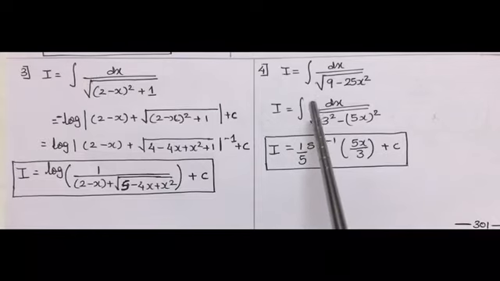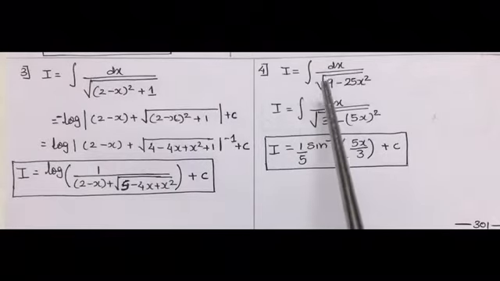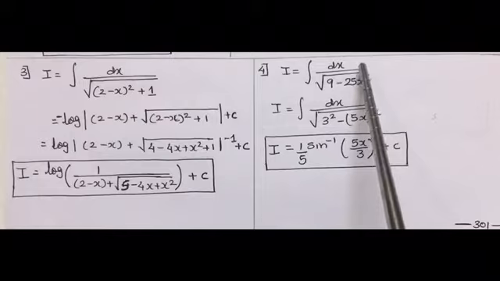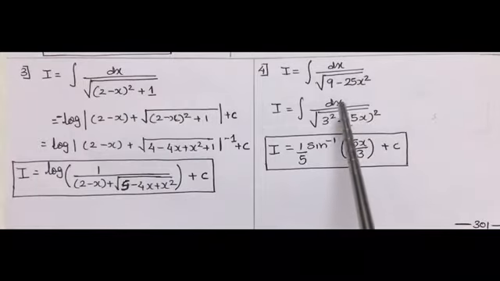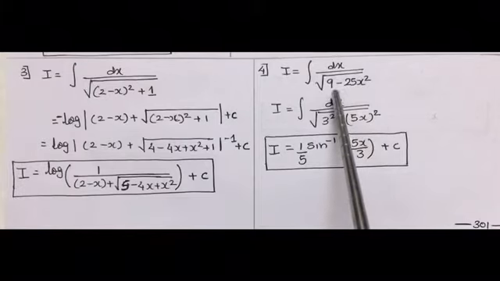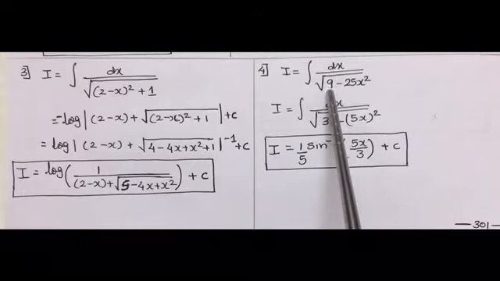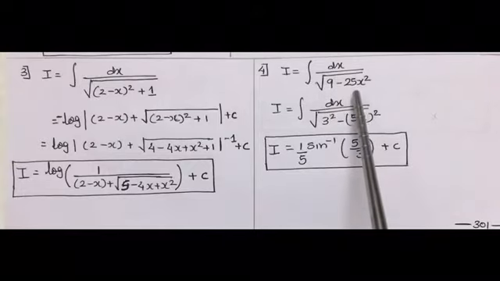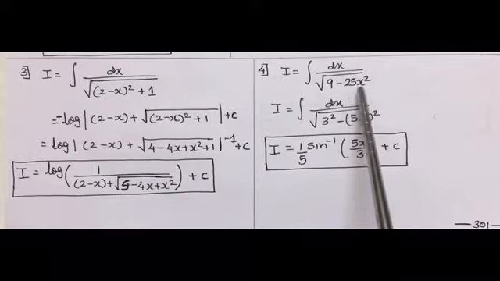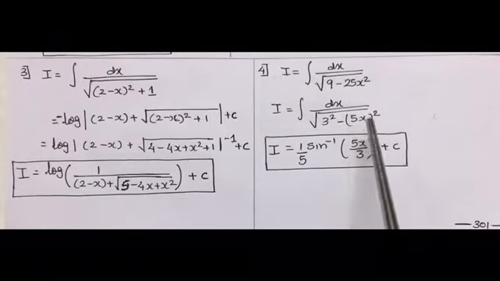Fourth one is I is equal to integration dx upon under root 9 minus 25x square. Now if we look at this example, a is a perfect square and x part is also a perfect square.